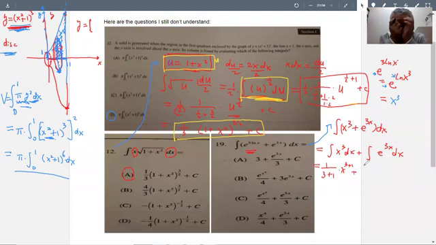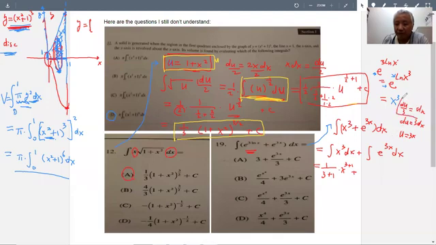This part here, we use u substitution, okay? We're gonna use u equals 3x. And then du will be equal to 3 dx. So dx will be what? du over 3.